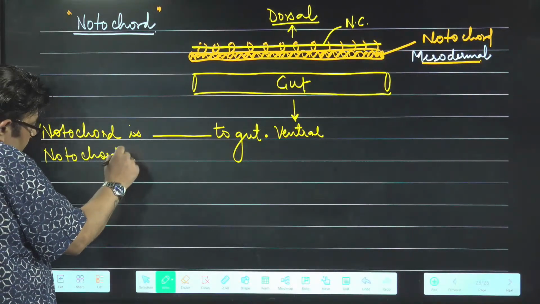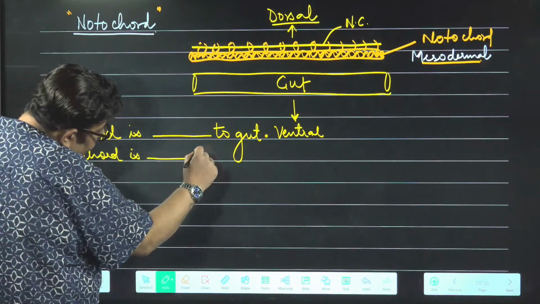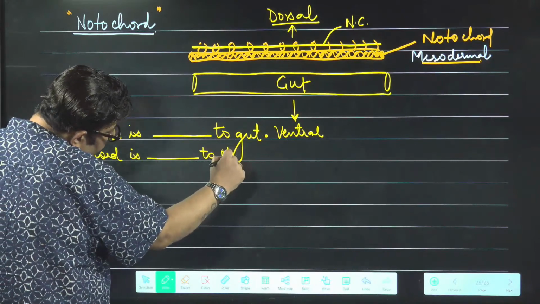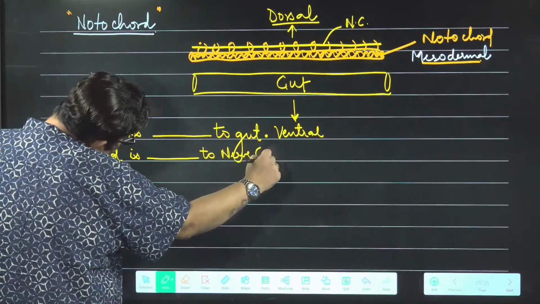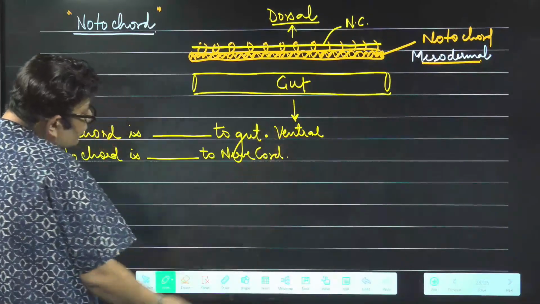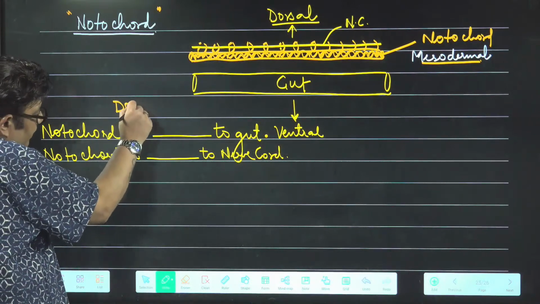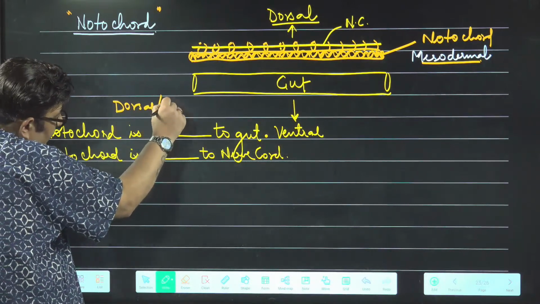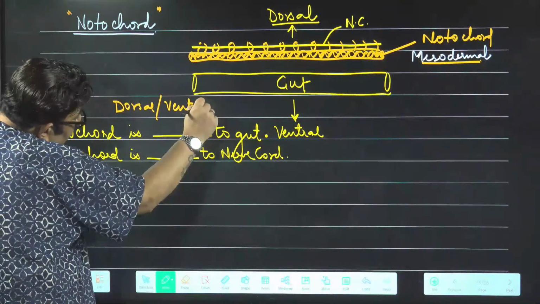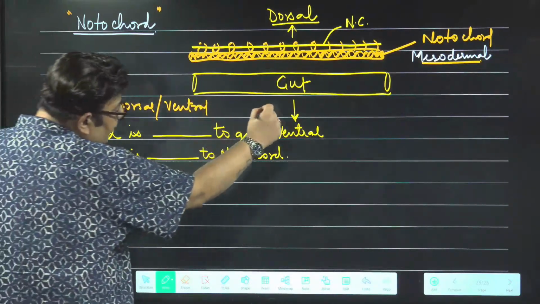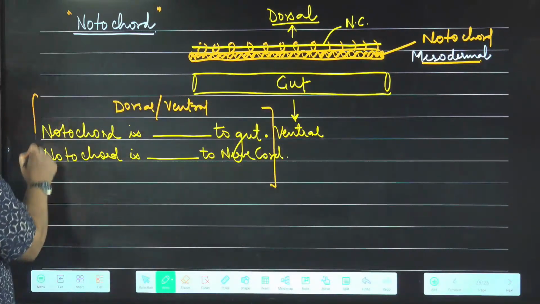Notochord is dash to the nerve cord. Now, the dash has to be filled with dorsal or ventral. Fill with either dorsal or ventral. Come on. Yes. So what shall I write?